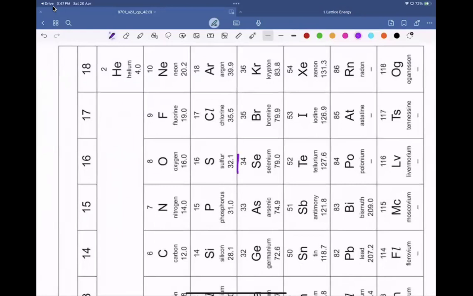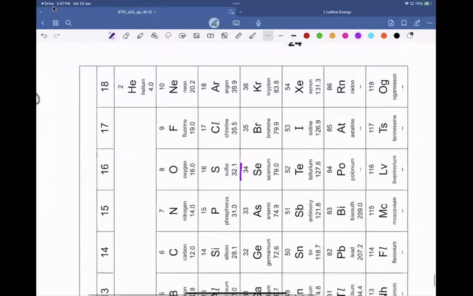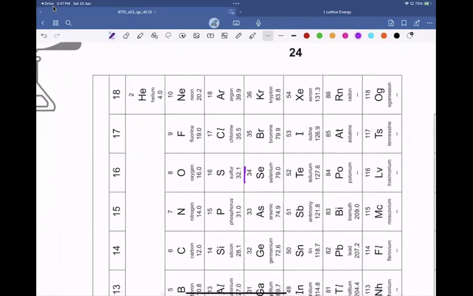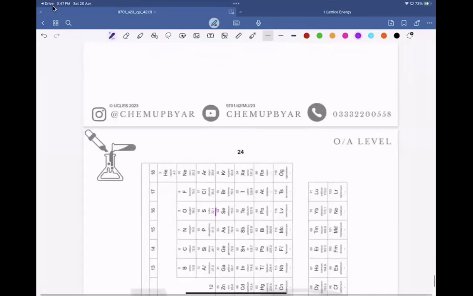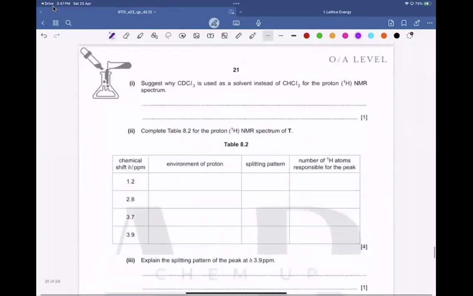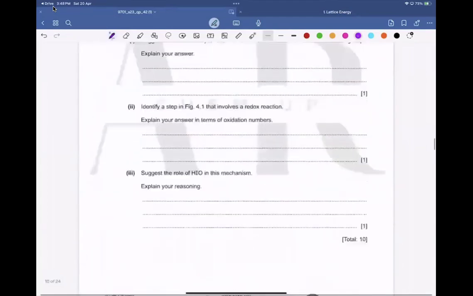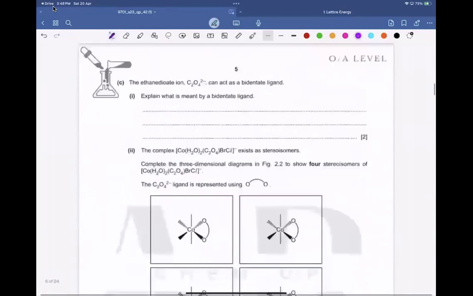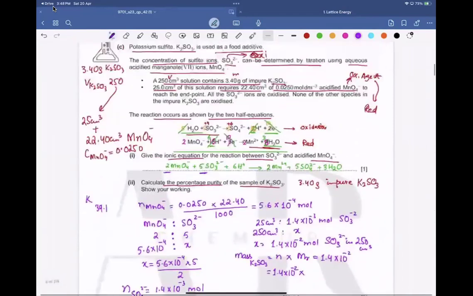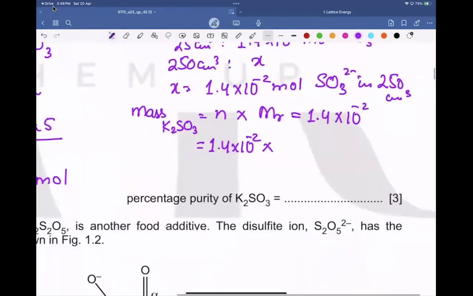And then 32.1, so 78.2 plus 32.1 is 110.3. And then we have 3 oxygens as well, so 48. Yeah, 158. Thank you, Hamad. So the MR is 158 for potassium sulfite.